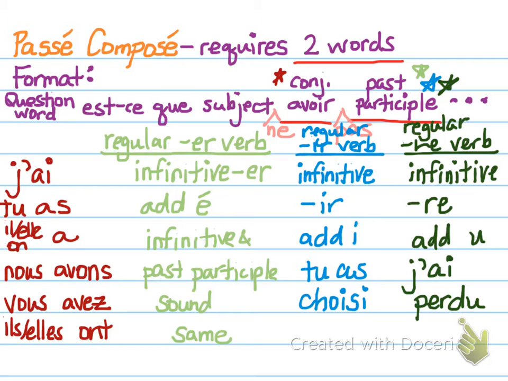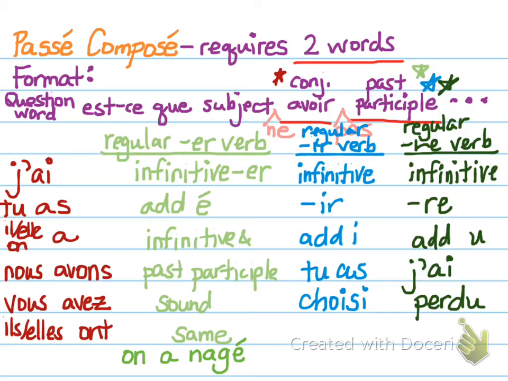And lastly, to have an example again of a regular ER verb, like nager, on a nagé.